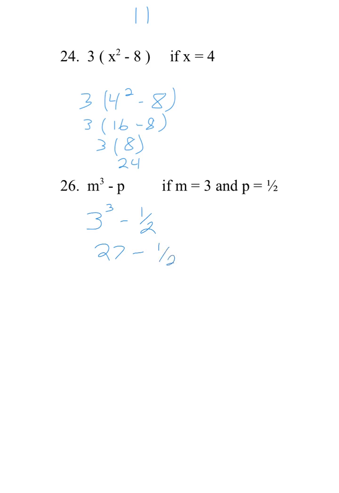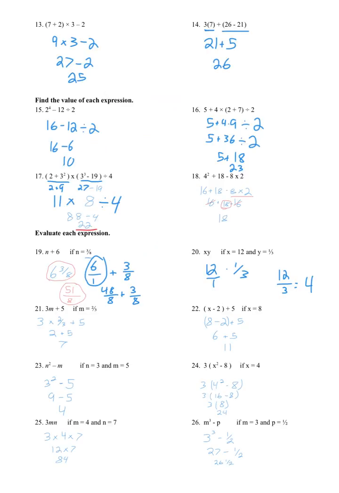When you subtract 1/2 of a number from 27, you're going to end up at 26 1/2. You can write it as 26.5 if you'd like as well. And that will conclude the second page of your study guide.